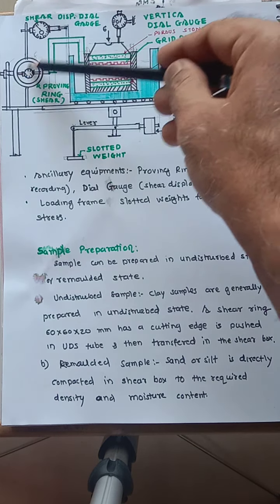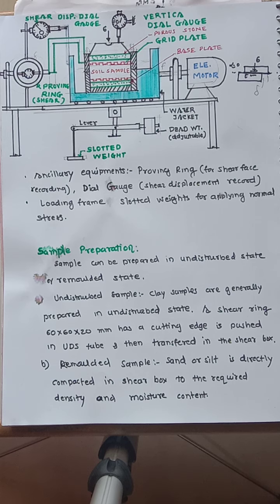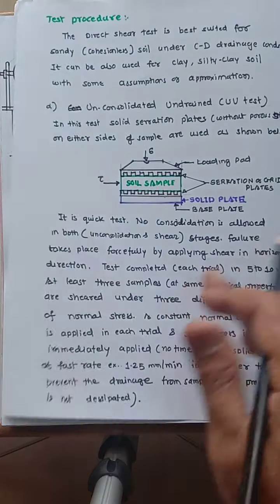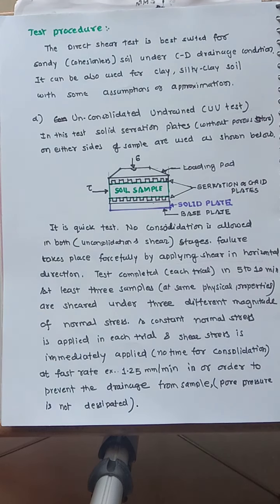Proving ring measures the shear force, okay, and shear force is applied with a certain strain rate, like 1.25 mm per minute. This setup is called a strain control setup. There is also a stress control setup, but the most convenient is a strain control setup, okay.